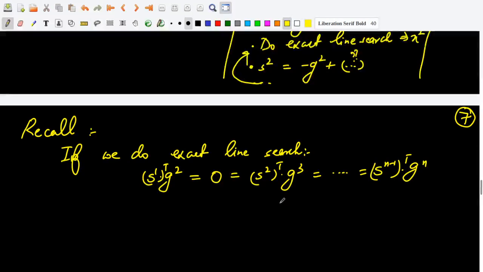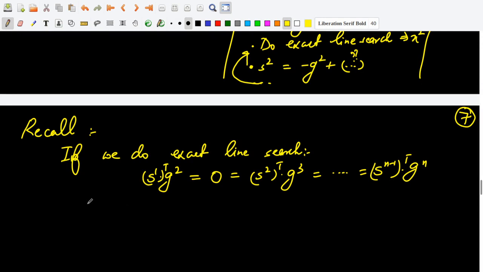What we will see later is that these conjugate directions actually have a stronger version of this property, in the sense that g(k plus 1) transpose sj will be 0. So this is part of theorem 2.4.1.